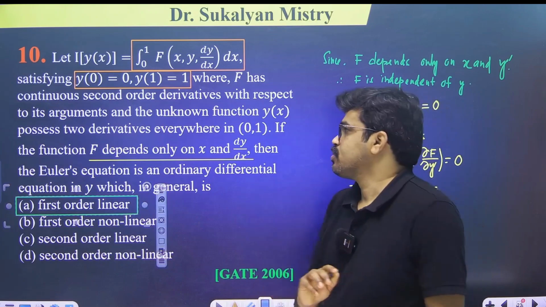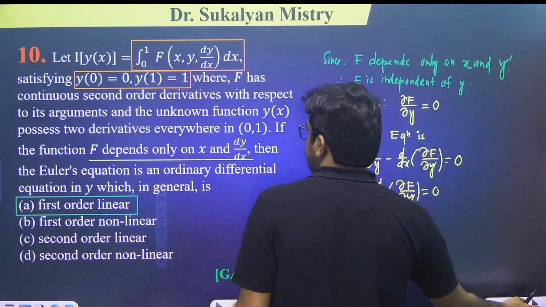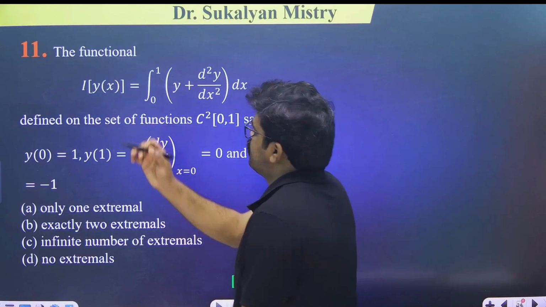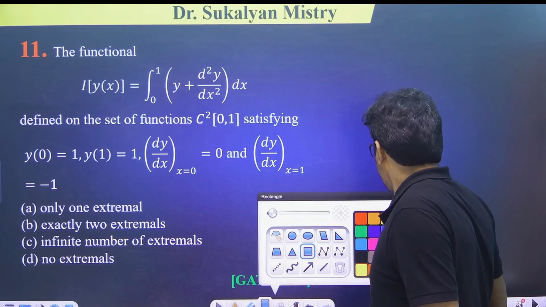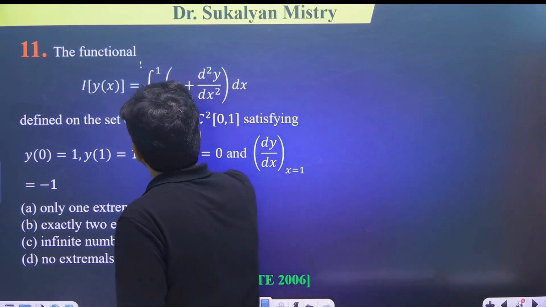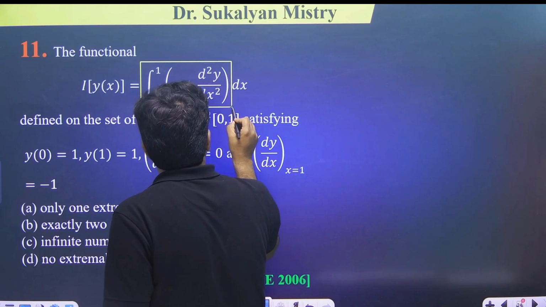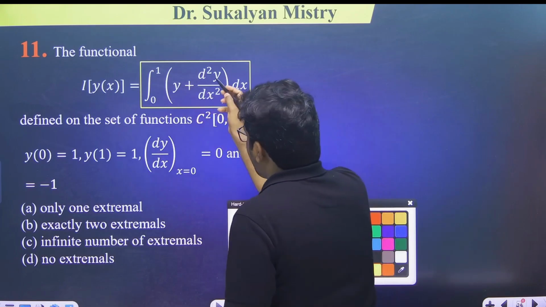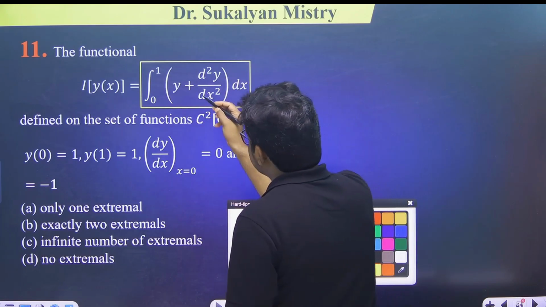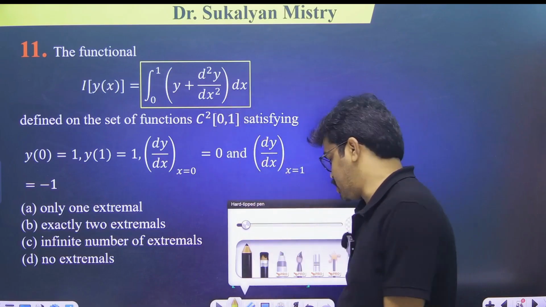Okay, next problem. See this problem. Here the variational problem is the functional integration 0 to 1 of y plus d2y dx2, that means y double dashed.